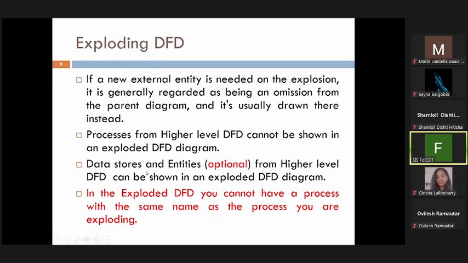Data stores and entities from the higher level DFD can be shown in an exploded DFD. It's optional, you want to show it, you don't want to show it, but when you are drawing it on paper, for me to be able to follow, I'd advise you to put it. When you are using a tool, there are other ways of linking this.